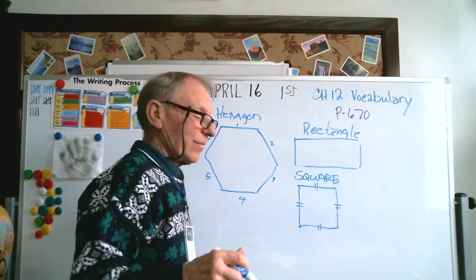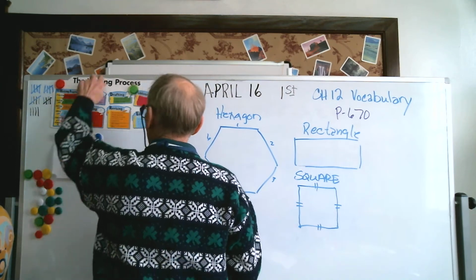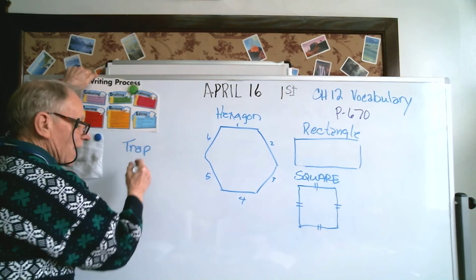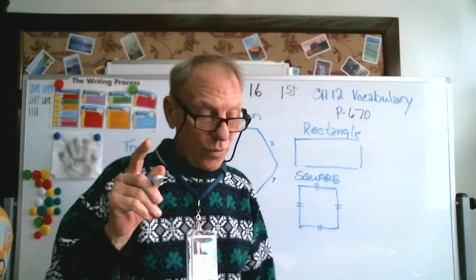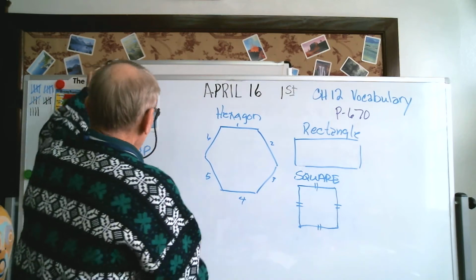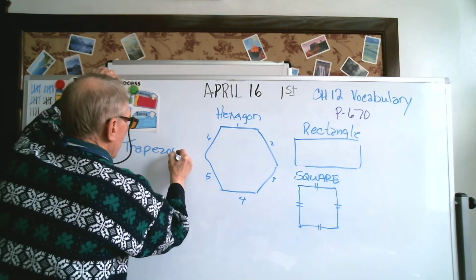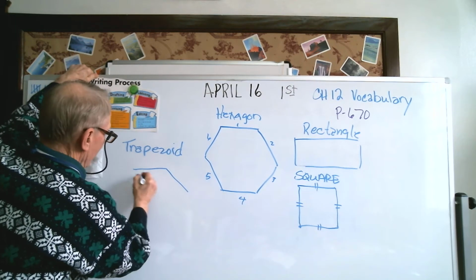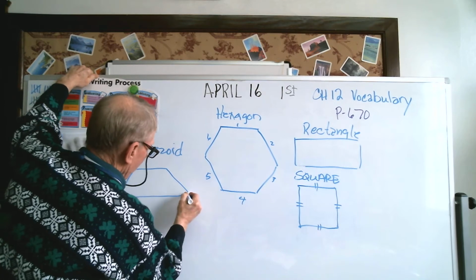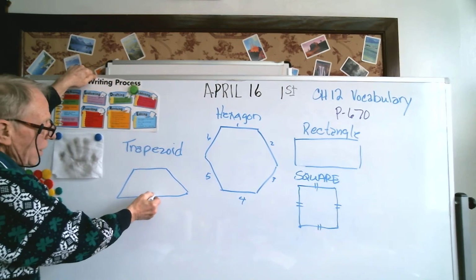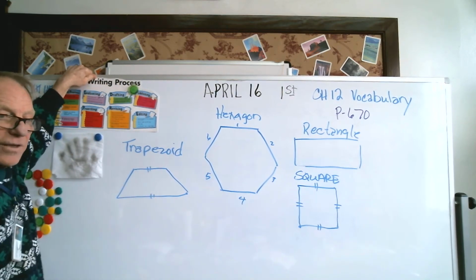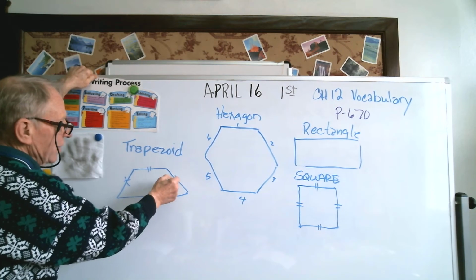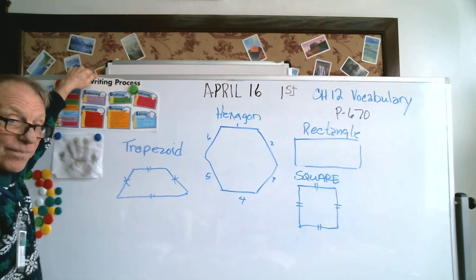Now, the next vocabulary word is a trapezoid. Are you ready for that one? Now listen, you really got to know what these words mean. A trapezoid is a shape that has one set of sides that are parallel and one set of sides that are not.